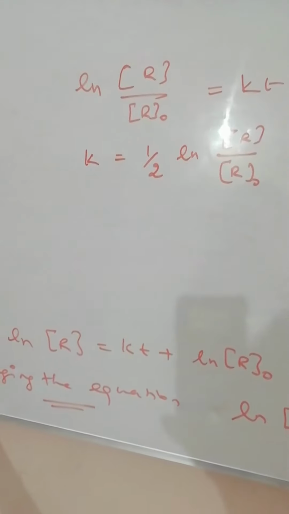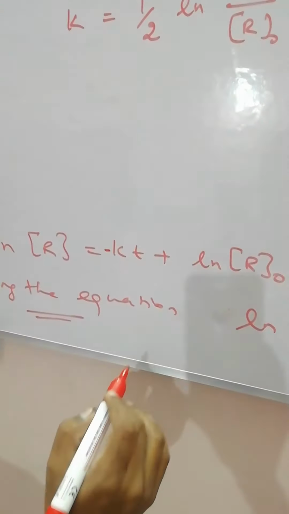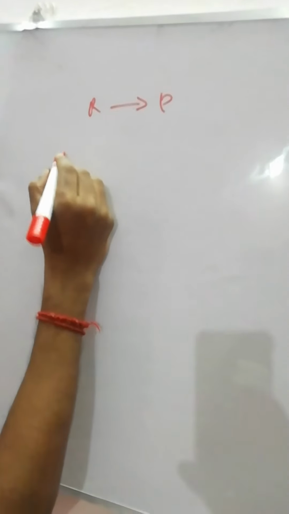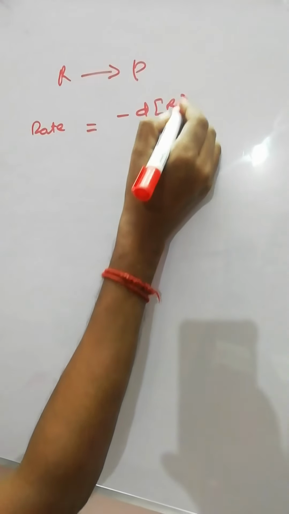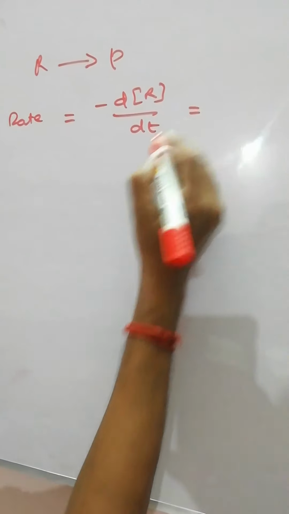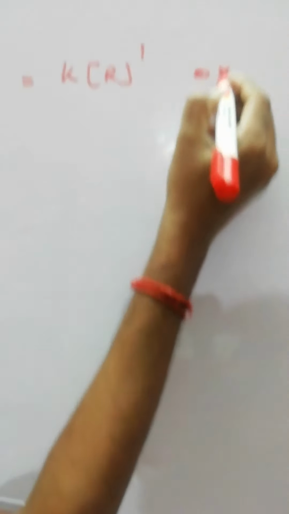Here it is minus dR by dt. I am going to derive it again, because there was some mistake. Sorry for this. R gives product. Rate equals minus dR by dt equals k into R power 1, the order is equal to 1.